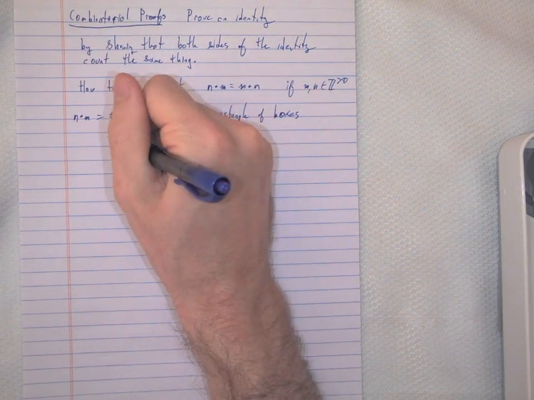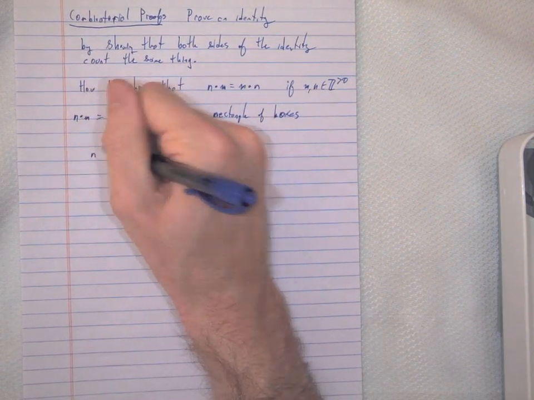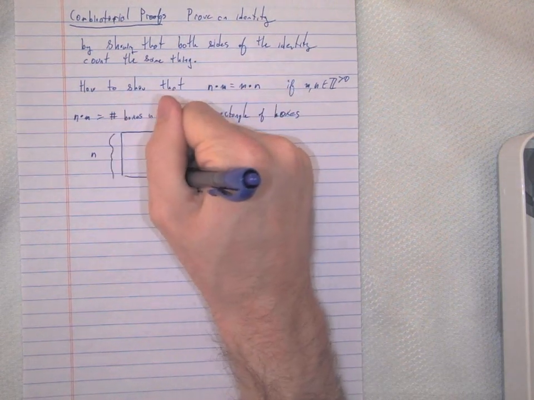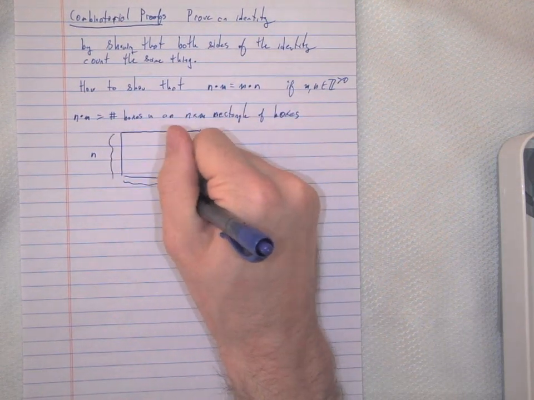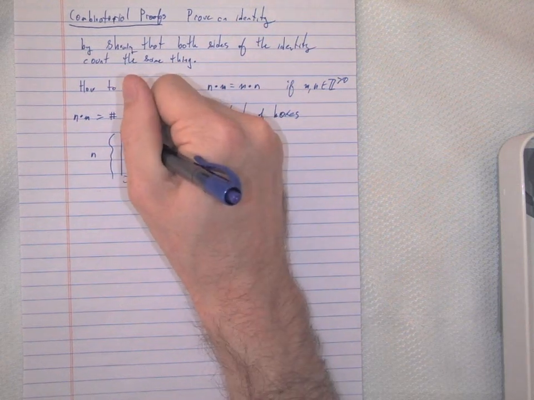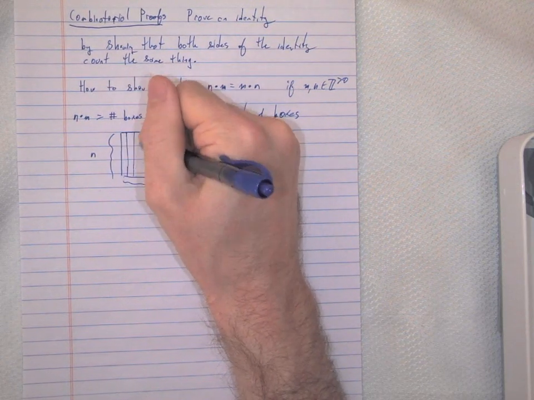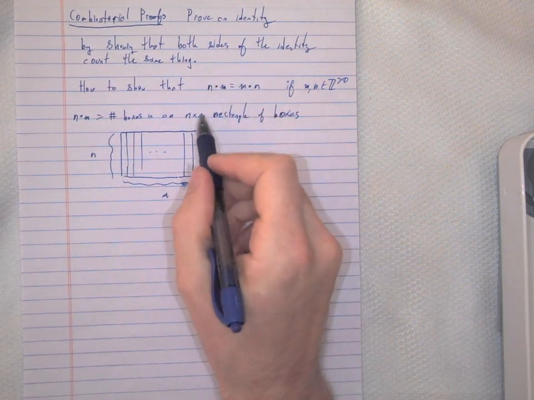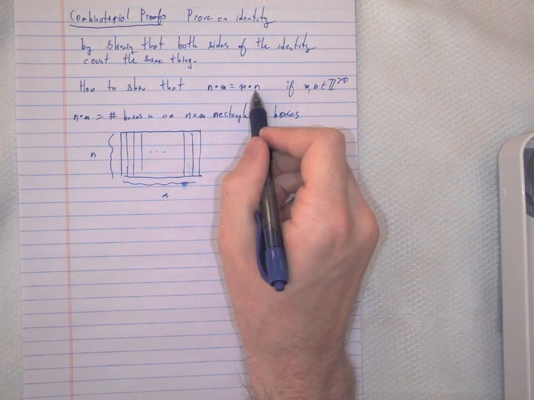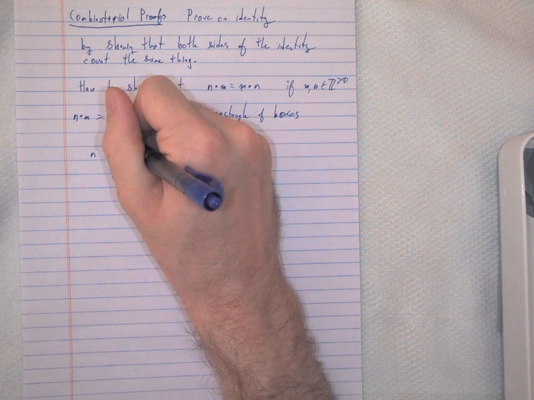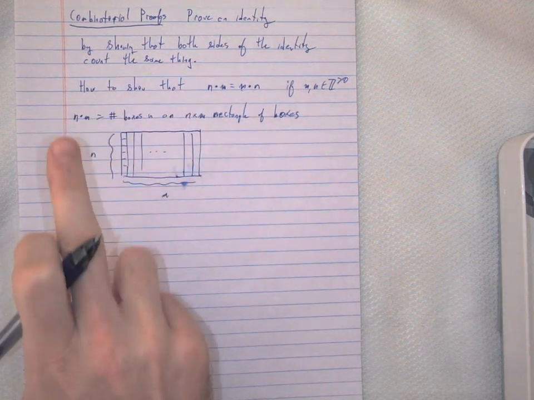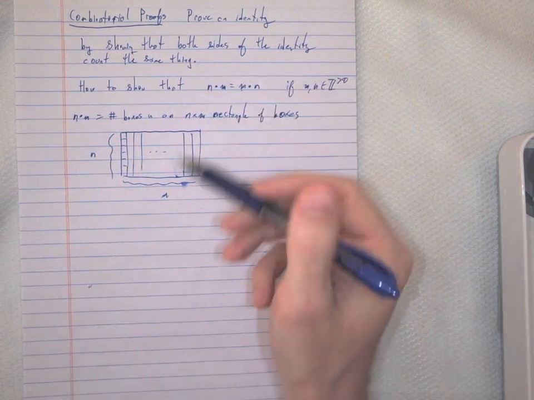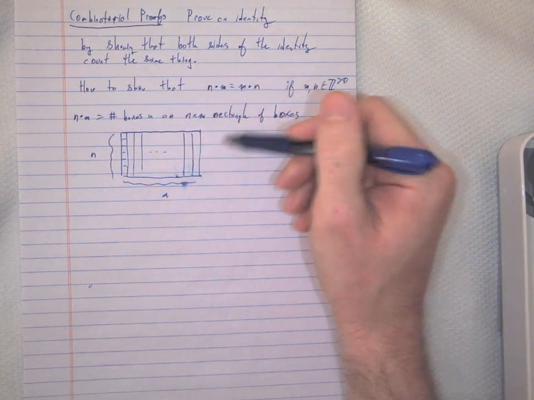So I have some array of boxes where there are n boxes on this side and m boxes on this side. And one way to count them is I do m times n, where there are n boxes in each of these vertical columns, and so m times n is saying take m copies of the n boxes.